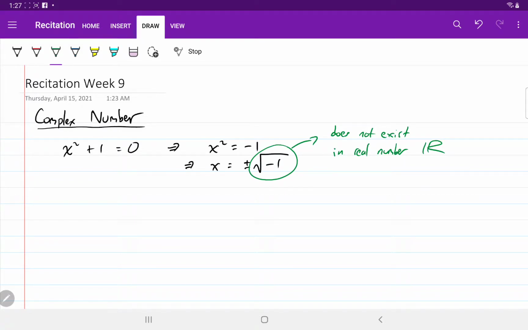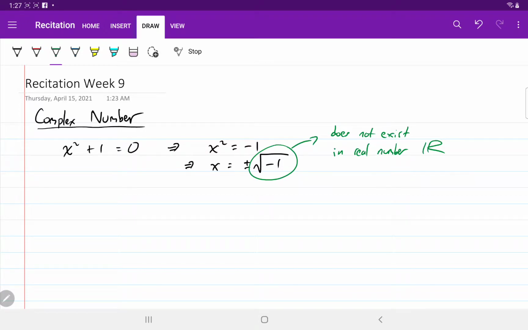Previously, when we were in junior high school, we were told that when we have the square root of minus 1, there is no root for this quadratic equation. But we know that that's not true, right? So mathematicians have developed the concept of imaginary numbers.